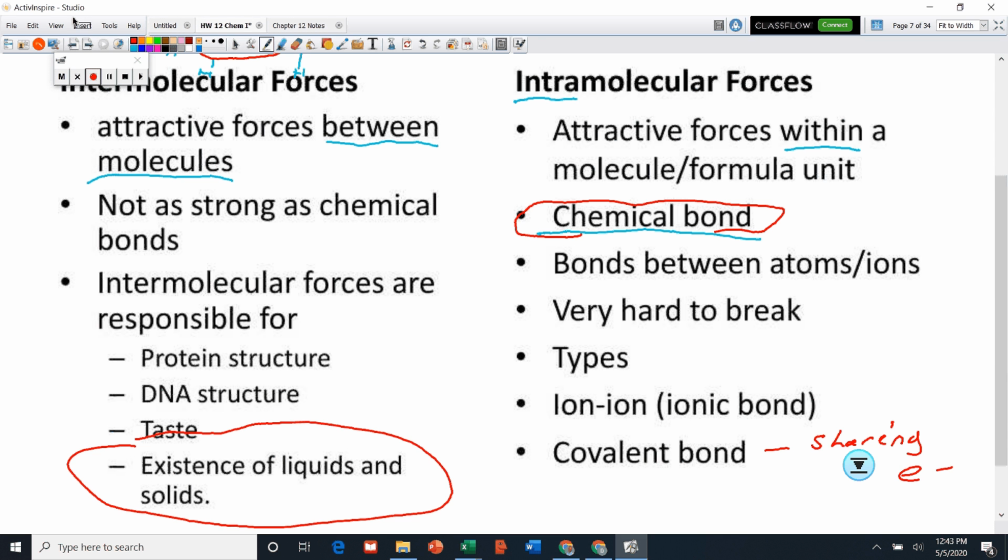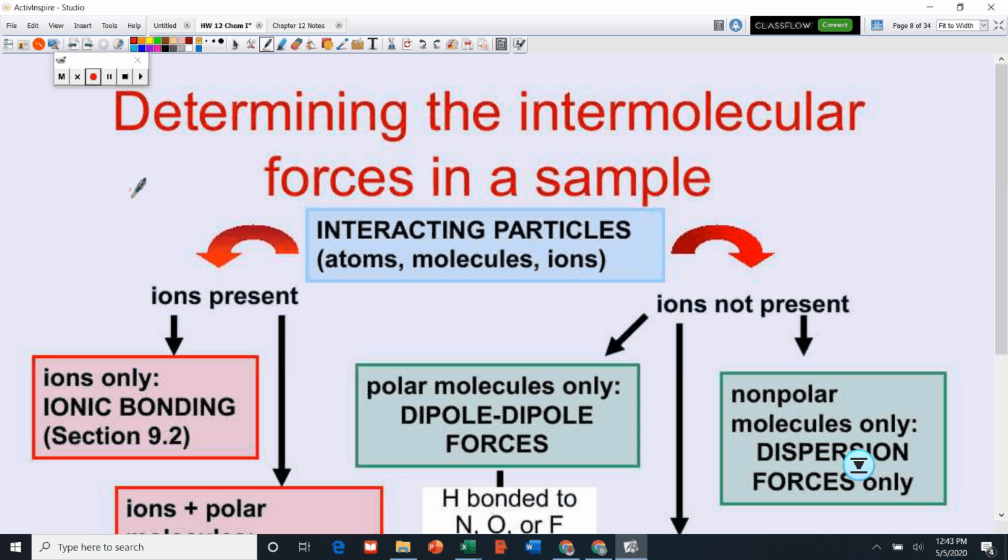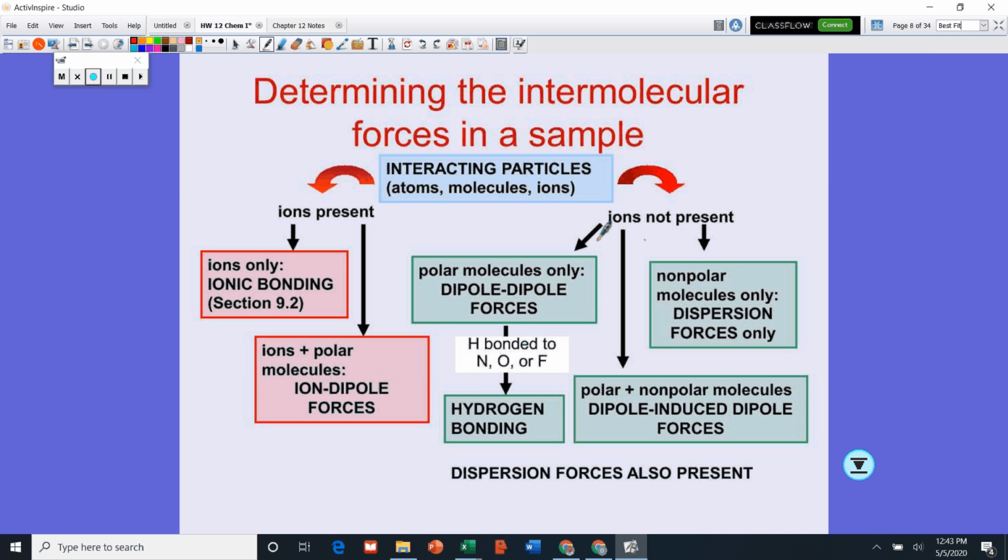All right, so moving forward, how do we determine an intermolecular force? So I'm going to zoom out for a minute just so that you can see this whole picture. All right, so determining an intermolecular force in a sample, there's a few things that we can ask. We have to ask some questions, and then we can follow this flow chart.